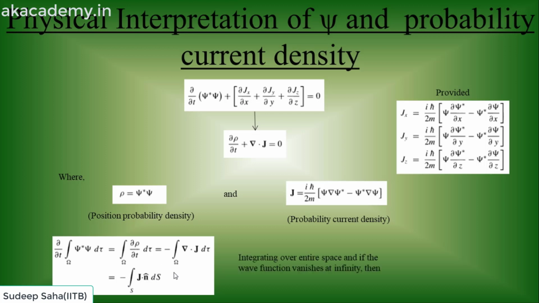Now if we integrate over the entire space and assume that the wave function vanishes at infinity, then the right hand side will be 0, because j is this, and if psi is 0 then j is also 0. So we'll get d/dt of the volume integral of psi squared d tau is 0, which is the conservation condition.